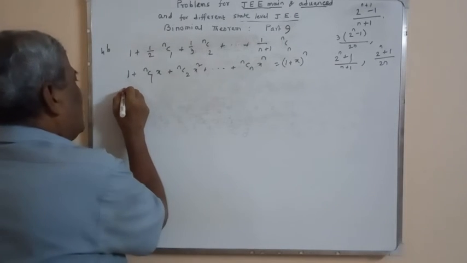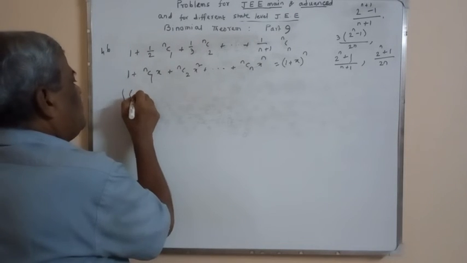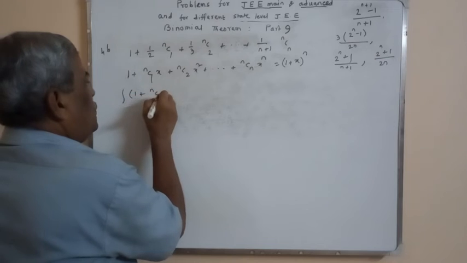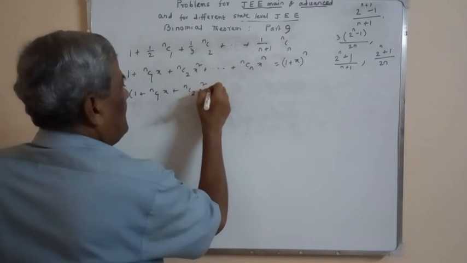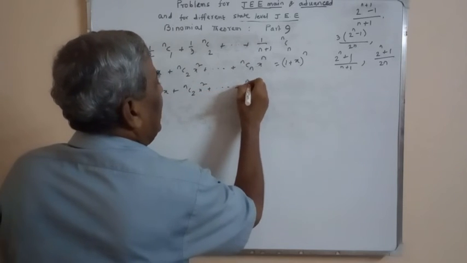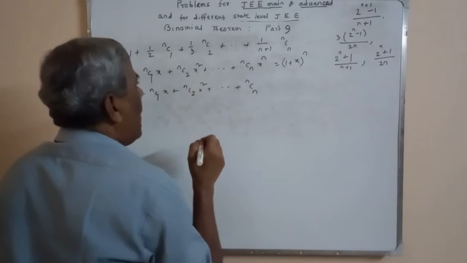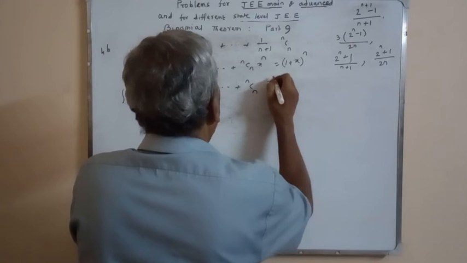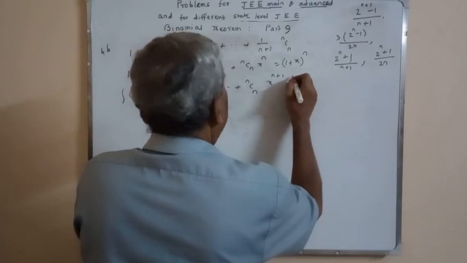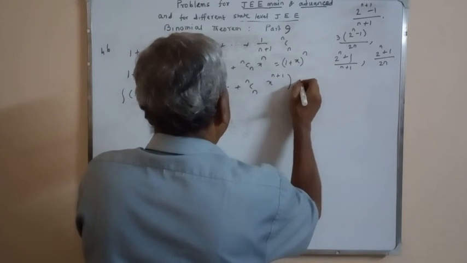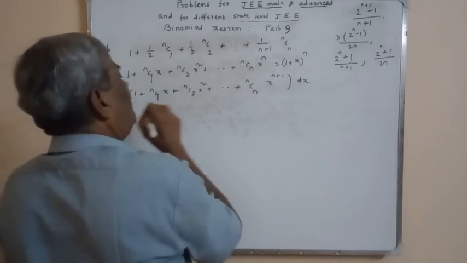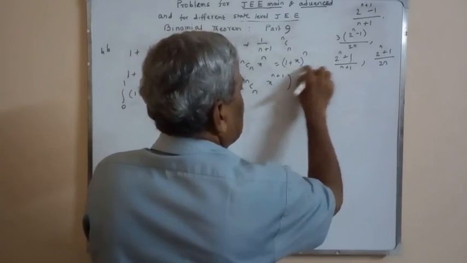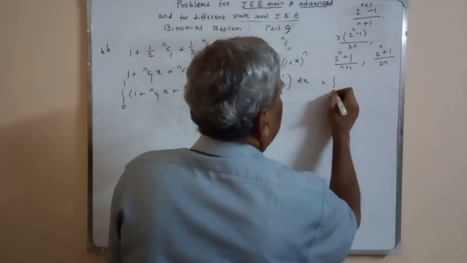So integrating both sides with respect to x, (1 plus nC1 x plus nC2 x square up to nCn x to the power n) dx from 0 to 1. So we have to integrate this from 0 to 1.